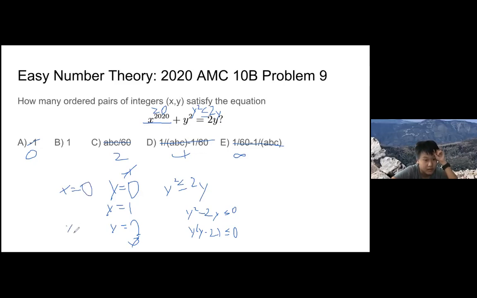Same thing for y equals 2, you get x equals 0. When y equals 1, x to the 2020 equals 1. There's two solutions to this, plus or minus 1. Don't forget minus 1. Very easy mistake to make, which means that the answer is 4. Are there any questions about that?